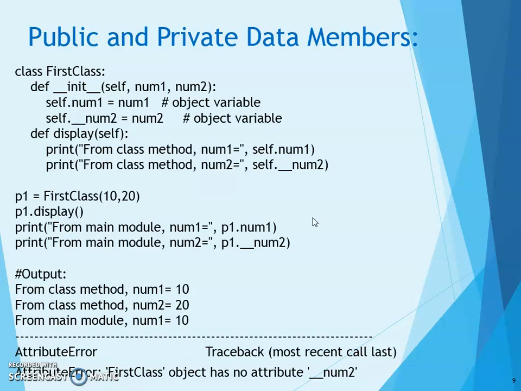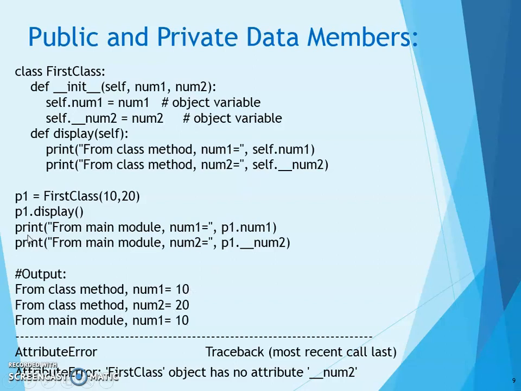Now on the next line we want to display the data. Once this method is called, we want to print self.num1, that value is 10, and self.__num2. As this is a private member and we are accessing it from the class, it will give us a result. So the first two results for these two statements will be displayed here: from class method num1 is, from class method num2 is.